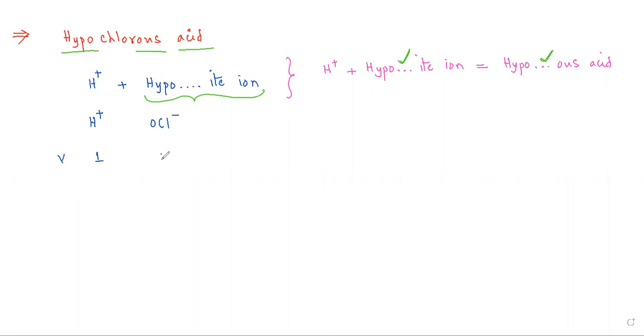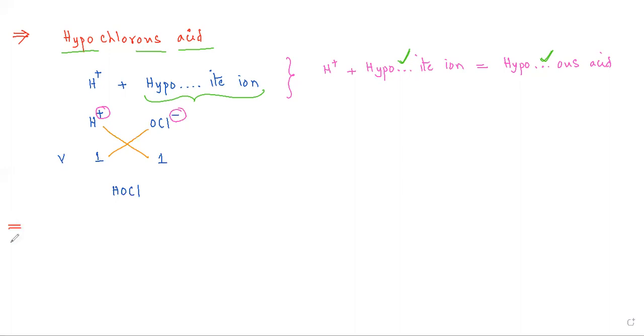Valence is 1 here, valence is 1 here. Now come on, take the valence in this fashion. The formula comes out to be H1, then of course OCl1. Now this is the formula of hypochlorous acid. Okay.